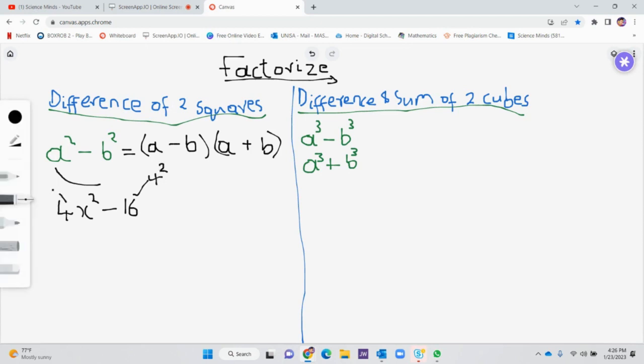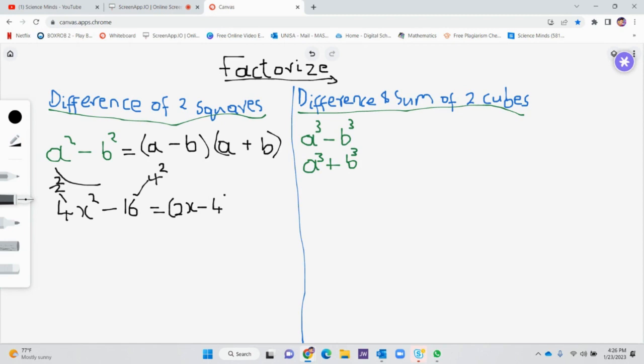Even 4 is 2 squared, making it a square. x squared obviously is a square. So what is the square root of 4? That is 2. That of x squared is x. And we will have minus the square root of 16, that is 4.